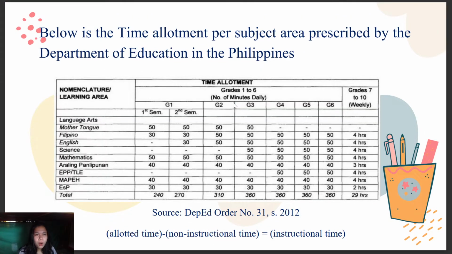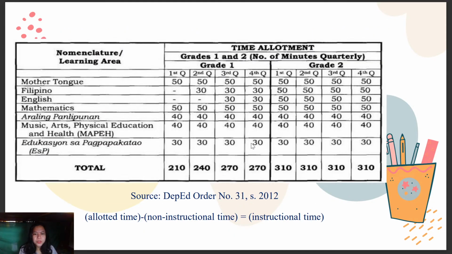Let's move on to the time allotment. This is DepEd Order number 31, series of 2012. This is the time allotment per subject area prescribed by the Department of Education in the Philippines. This version is for grade 1 to grade 6. It is different from grade 7 to 10. Per subject, usually 50 minutes, 30 minutes, 40 minutes, and so forth.